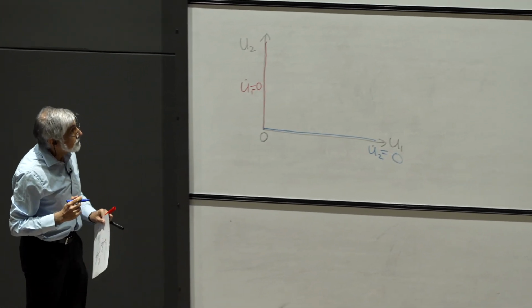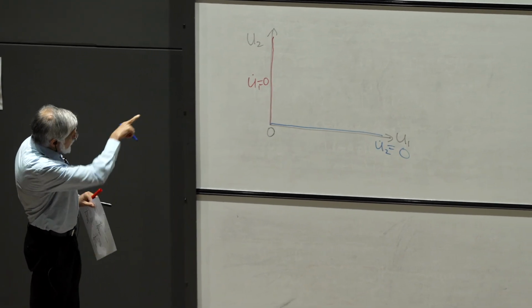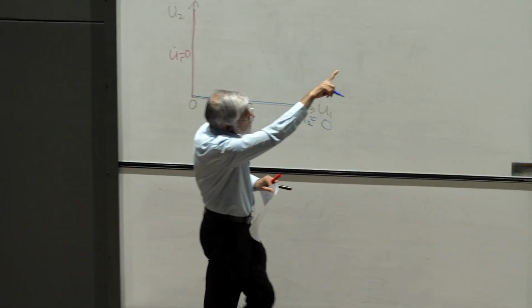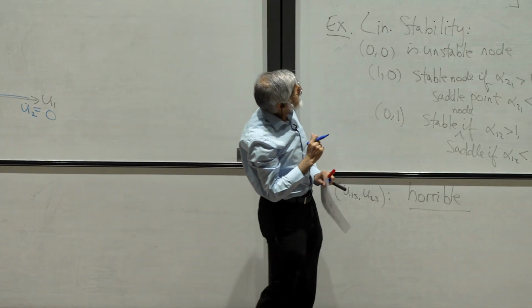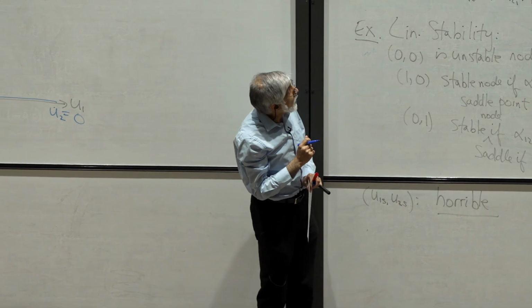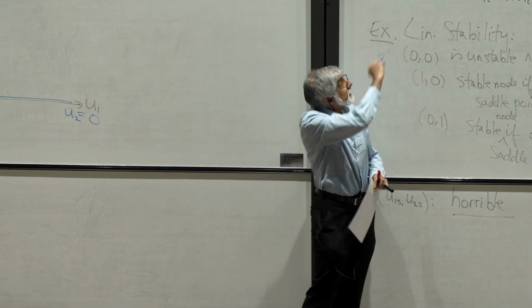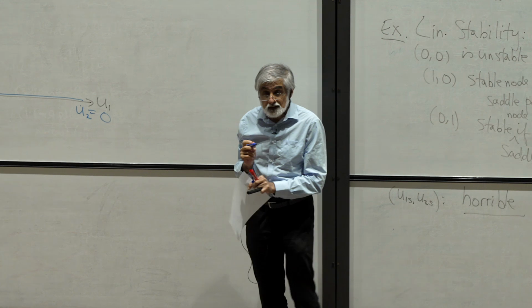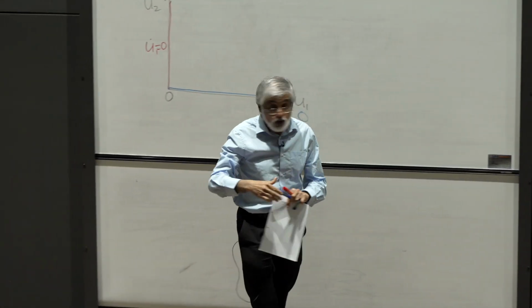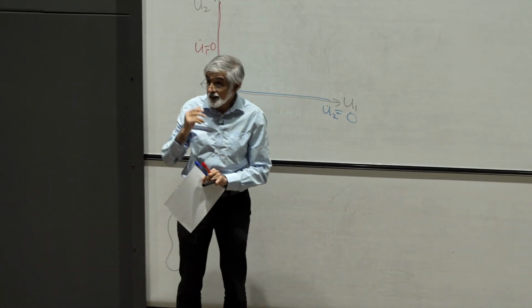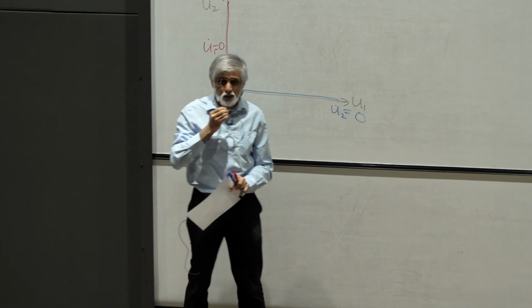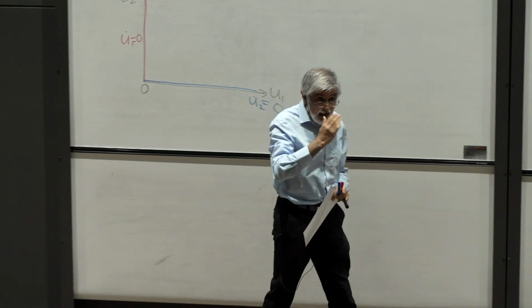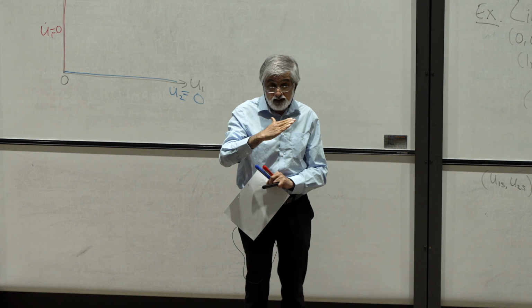Otherwise, we've got these two straight lines, 1 minus U1 minus alpha 1,2 U2 equals 0, and likewise for U2. So these are lines that are going to have negative gradient. If you think of two lines with negative gradient, then there's 4 possible cases.